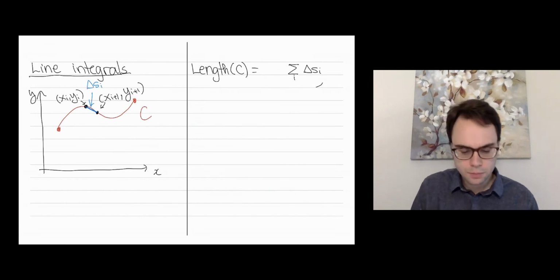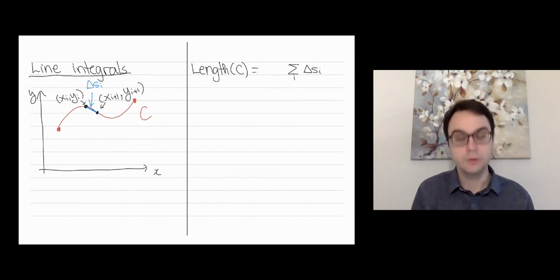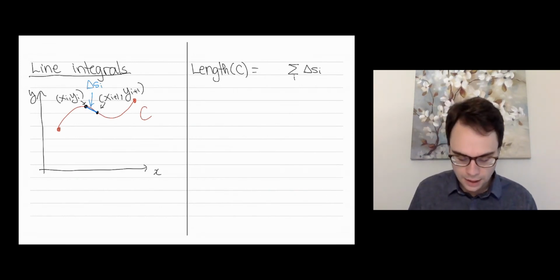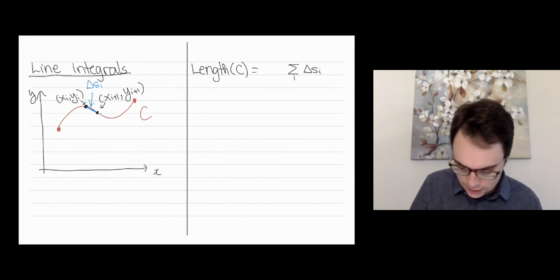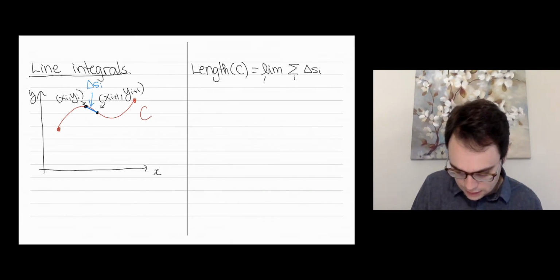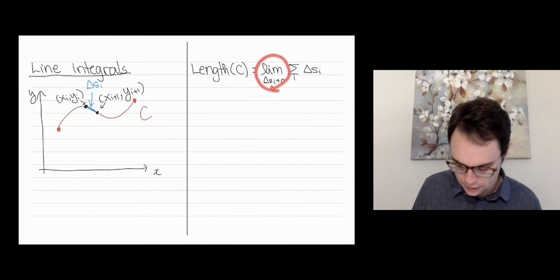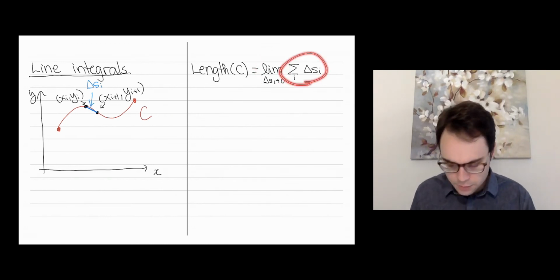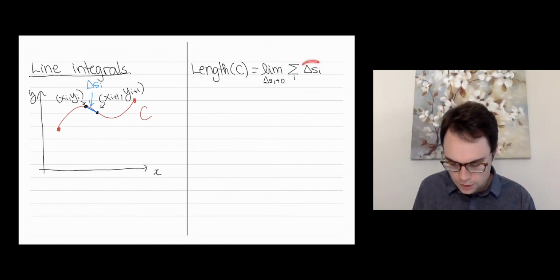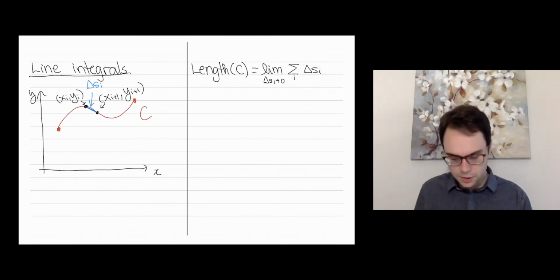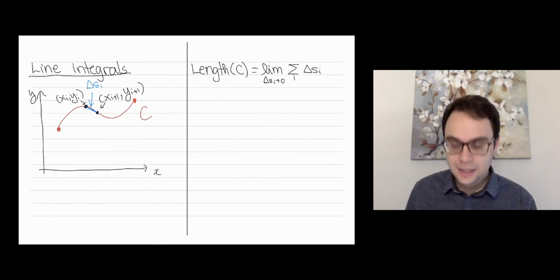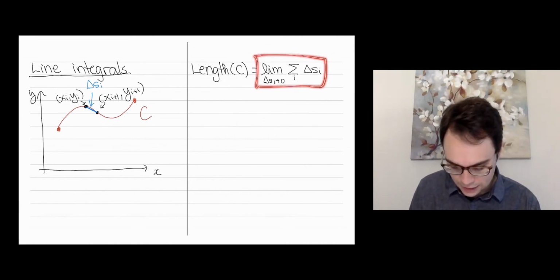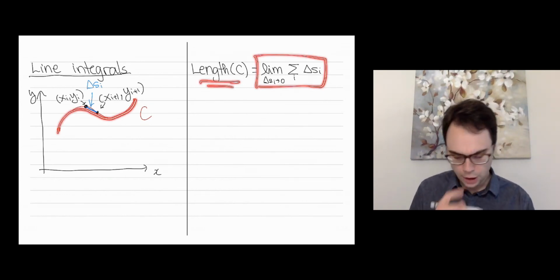And this sum is going to become a better and better approximation of the length of the curve when the subdivisions become smaller and smaller. So I'm just going to say that the limit as delta Si goes to 0, so this is the Riemann sums sense of these sums, of these little distances between consecutive points, that gives us in the limit the length of the curve, of this curvilinear shape.